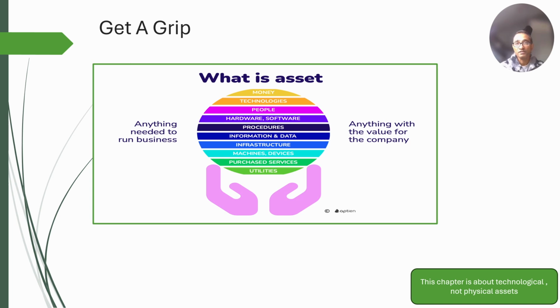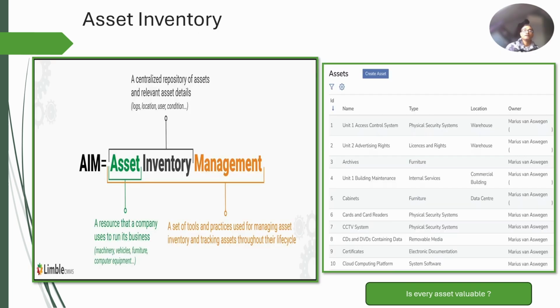So in a nutshell, an asset is something that your business or organization needs, and it's something that adds value for your organization or business needs. Now, before we try to find what value an asset adds, it is important that you have a comprehensive overview of your assets.